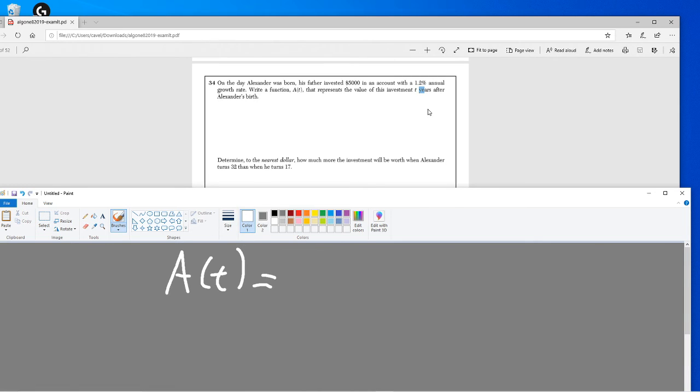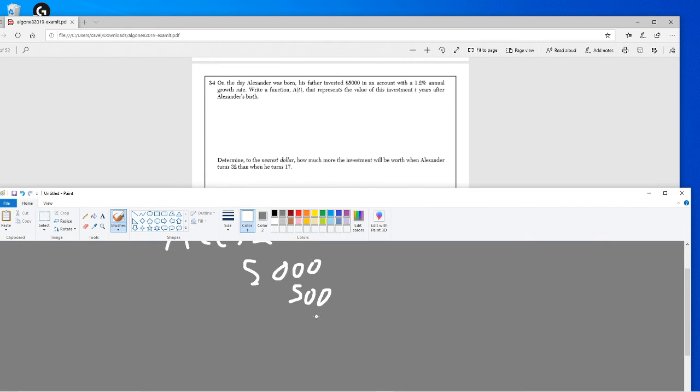He's getting 1.2% of his initial investment, or his principal. So after the first year, you get 1.2% of that, and then 1.2% again, etc. So let's just say this was 10%, right? What would it look like? It would be $5,000, 10% of it would be 500.